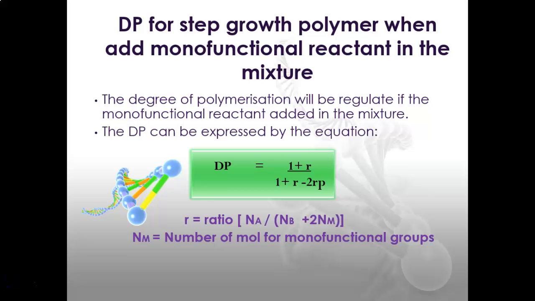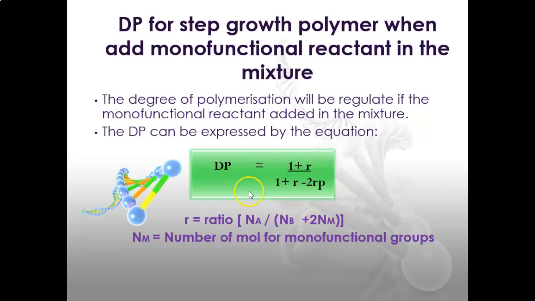What I can explain about this equation is that the number of molecular chain r is equal to Na initial divided by 2, and 1 plus 1 over r minus 2p. So we just substitute DP equals N initial over N into this equation.